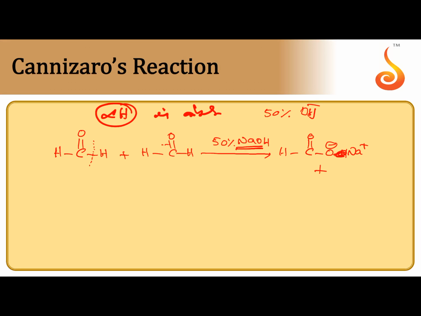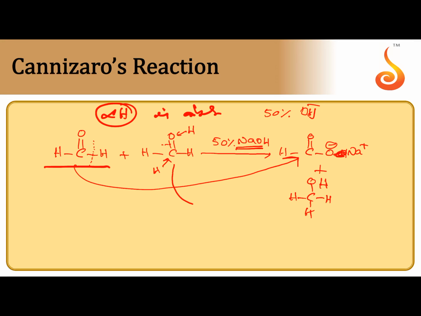And in the other one, the pi bond is broken, H goes to oxygen, H goes to carbon. So CH3OH, methyl alcohol, is obtained. So the same formaldehyde undergoes oxidation to give the sodium salt of a carboxylic acid, and the same formaldehyde undergoes reduction to give an alcohol. That's why this reaction is known as a disproportionation reaction.